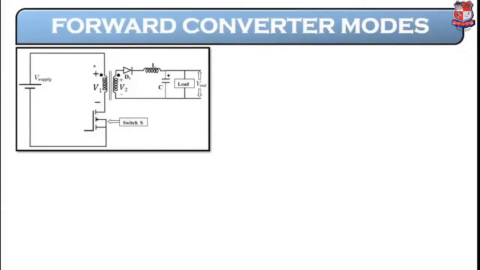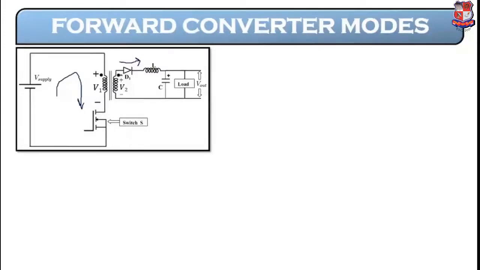It means that when this is positive, this is also positive. So when current flows over here, switch is on, and at the same time current will also flow on the secondary side. Okay, so it means S and D1 will remain on simultaneously and D2 will remain off.